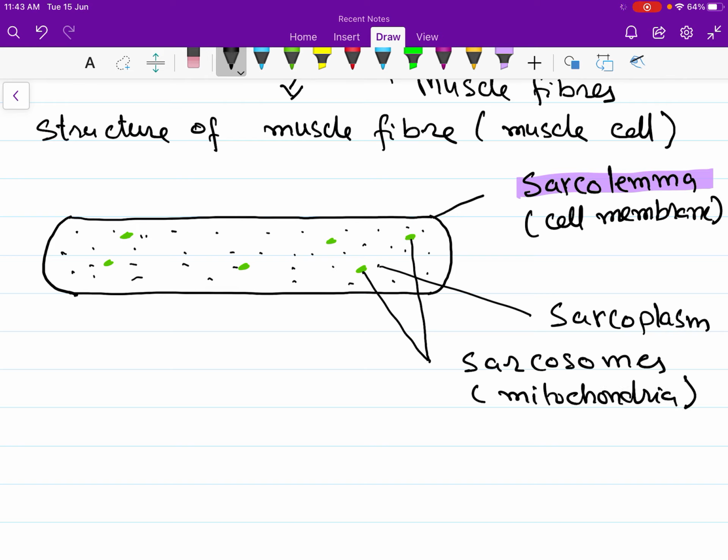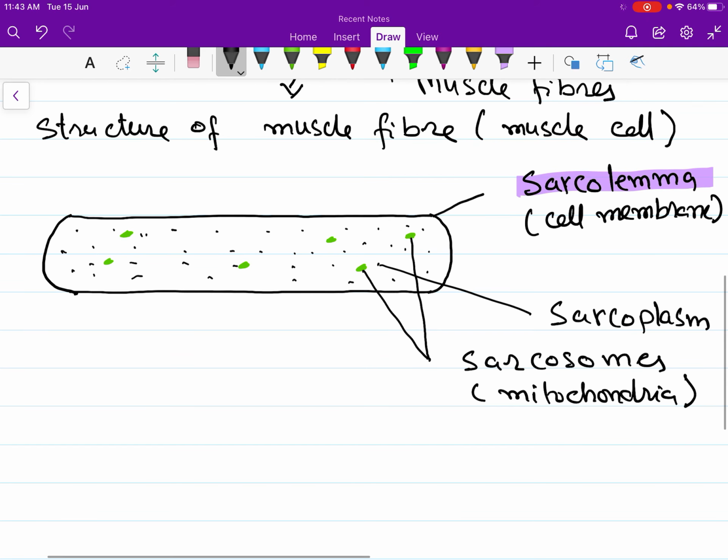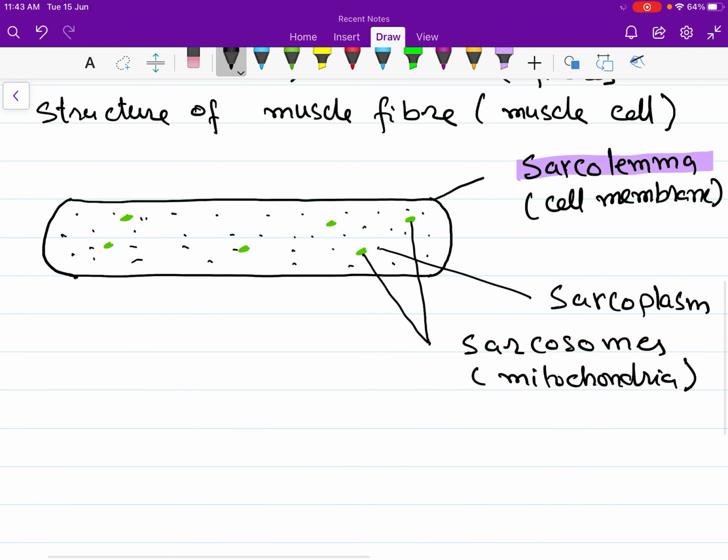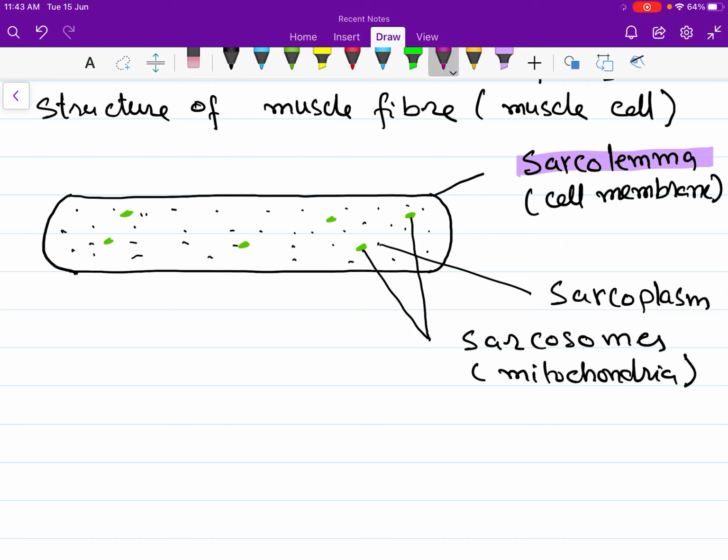Similarly, the endoplasmic reticulum of the muscle fiber is called sarcoplasmic reticulum. Let me draw that in purple color. Suppose this is the sarcoplasmic reticulum of a muscle fiber.